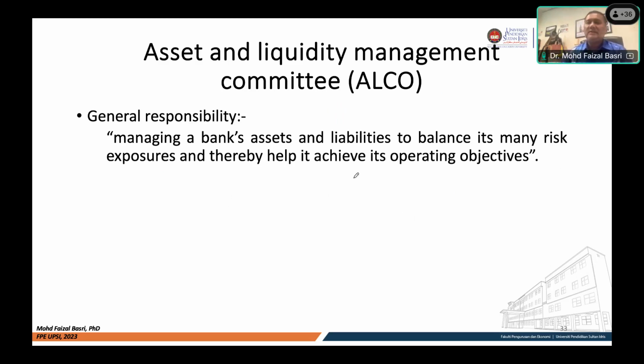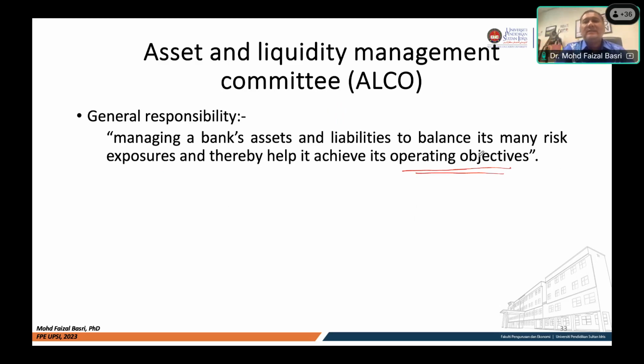So they have to make sure the matching between the risk exposures and their expectation of returns so that they can achieve their operating objective. Every bank will have a different operating objective. Some banks might have bigger risk appetite, so they are willing to take more risks compared to other banks.